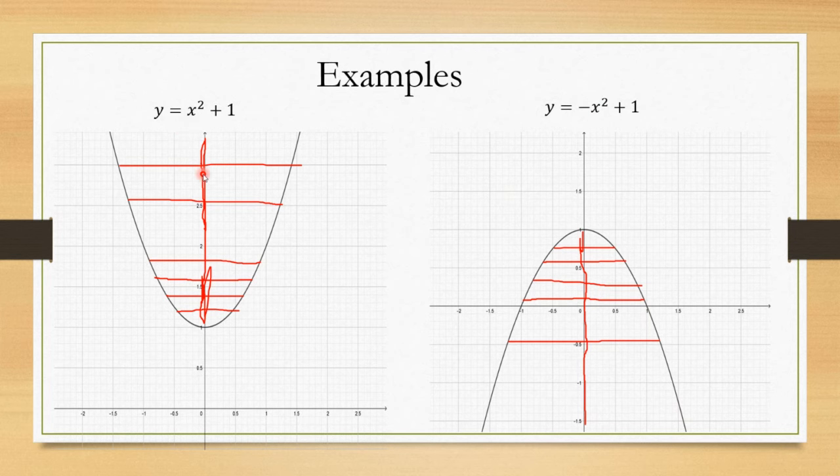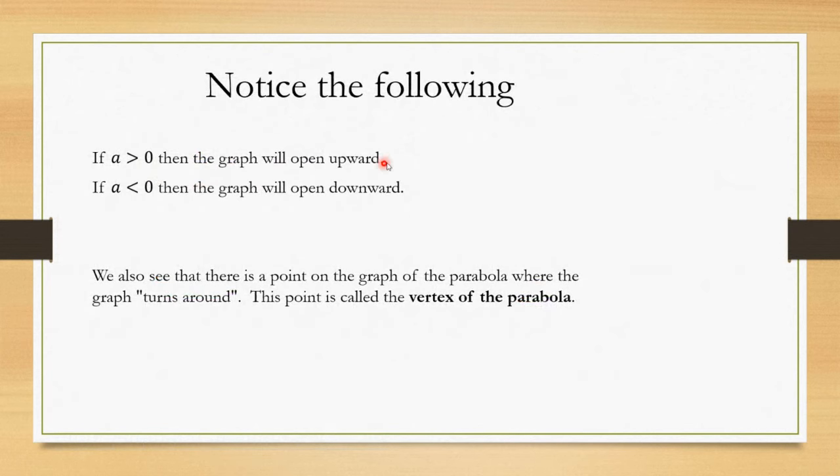Whenever A is positive, the graph is going to open upward. Let me just draw this. It's going to look something like this when A is positive. When A is negative, it's going to be down like this. The graph keeps on going up or down forever and ever. So we have that now.